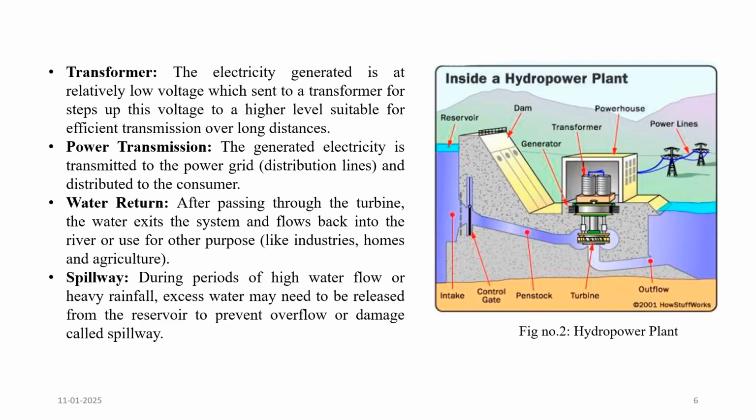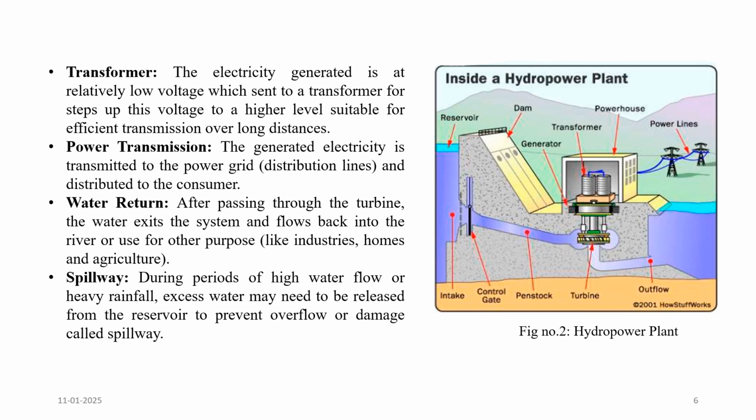Now here the first point is the transformer. The electricity generated is at relatively low voltage, which is sent to a transformer to step up the voltage to a higher level suitable for efficient transmission over long distances. Next point is power transmission.